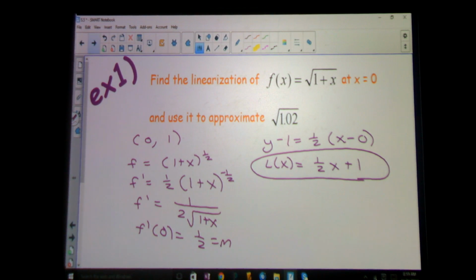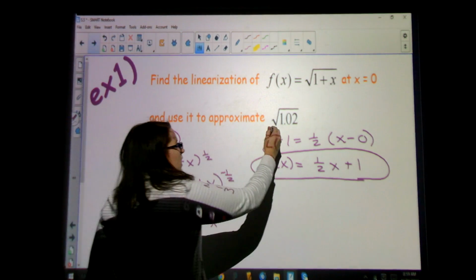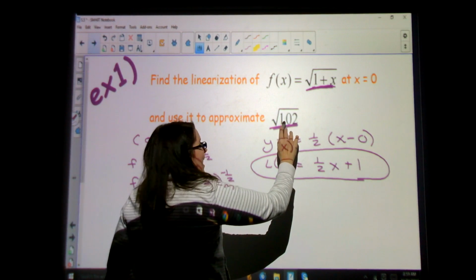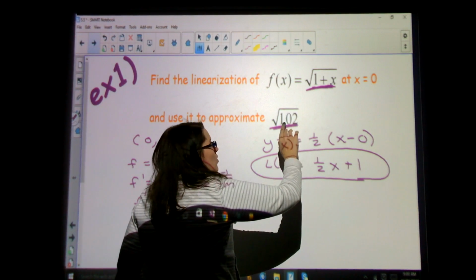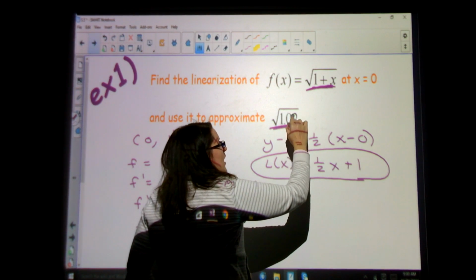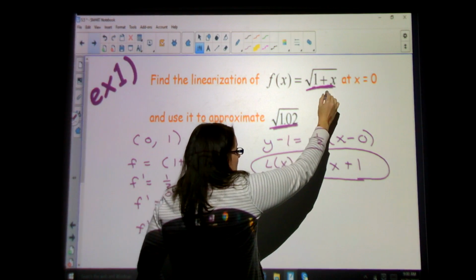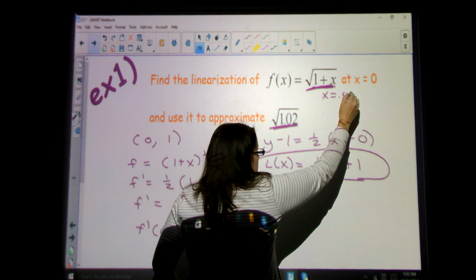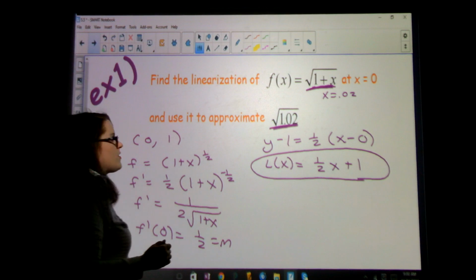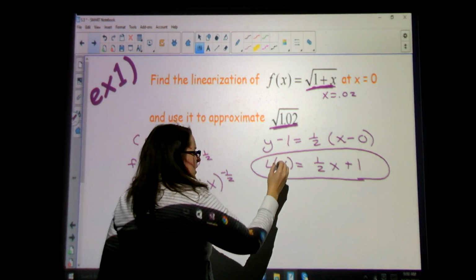Okay, so now I have to use it to approximate that. Compare this with your function. What would x have to be in order to get 1.02 on the inside? If that's 1, x would have had to be 0.02. Follow me there? So now we plug it in here.